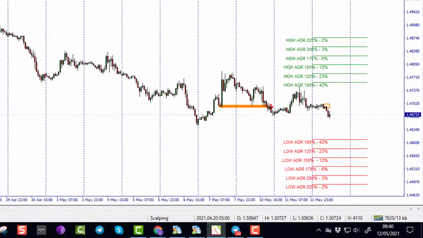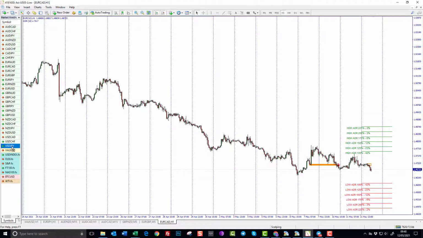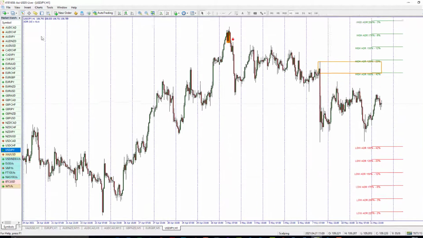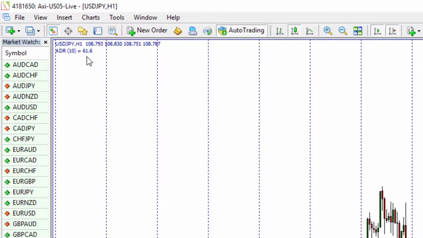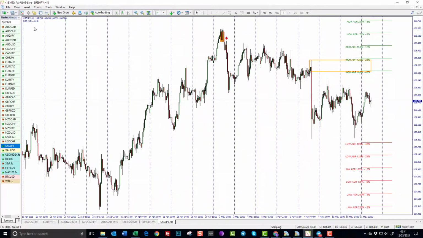If we pop a different pair onto the chart, for example the US dollar yen here, you'll see that it changes now to 61.6. So the average range of this particular currency pair is 61 pips. It's important you know this information because you need to know what the average range is so that you can plan your trades.